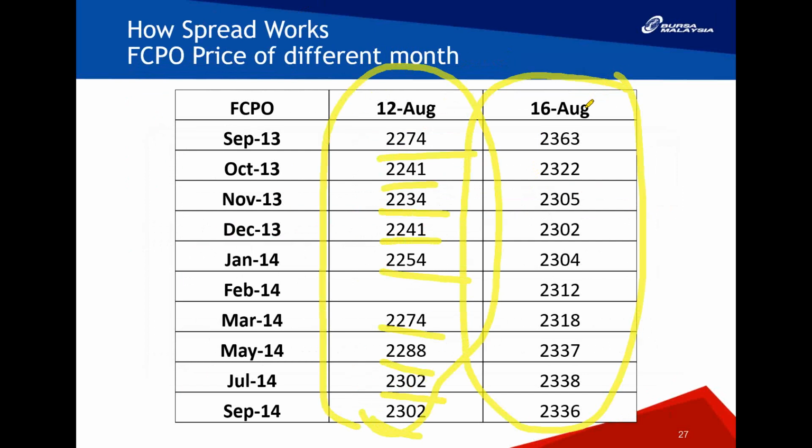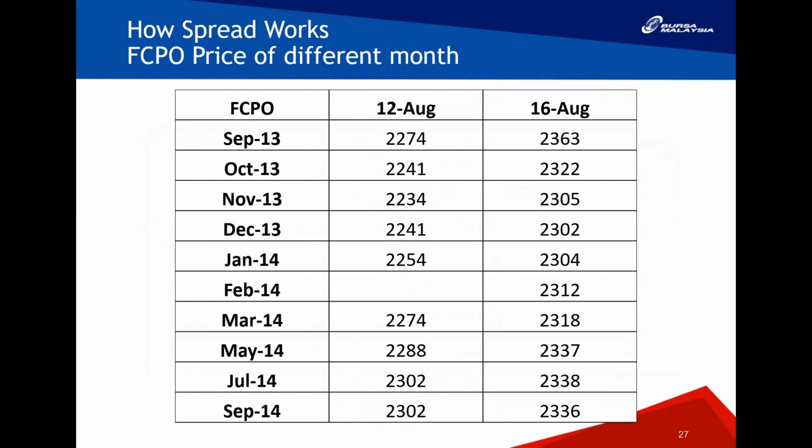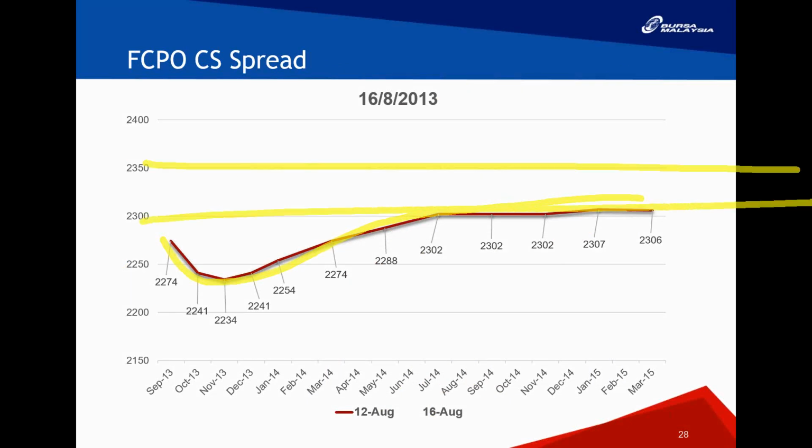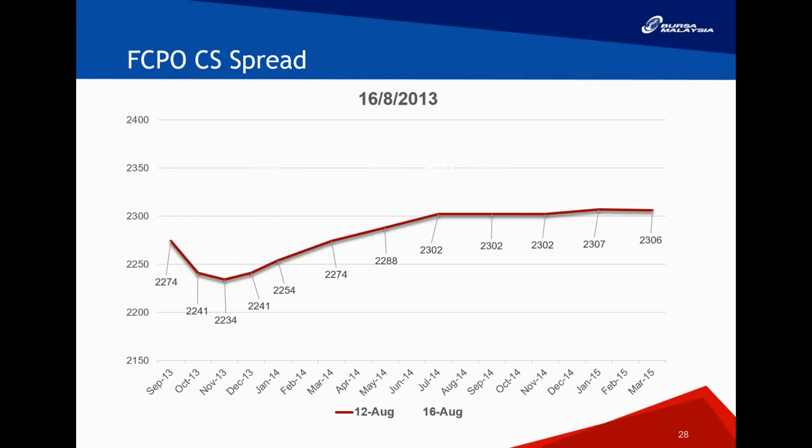All the contracts are not traded at the same price. So if you plot everything into one chart, you get this kind of curve. This is called the price curve. It is never a flat line like this. Different months always have slightly different levels from the others. So this is what makes spread work.